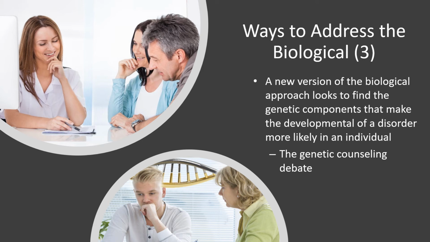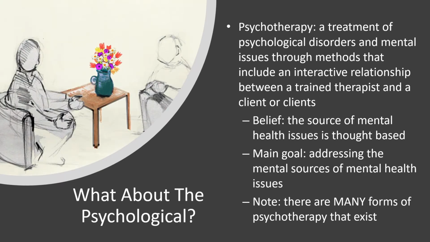It also leads us down a very heated debate about whether or not we should be doing this in the first place, and topics like designer babies and other questions start to be circulated when we talk about sequencing genomes and figuring out what somebody's biology is even before they're born. But it is a path that we've started to explore in clinical psychology when trying to understand all the different biological components that are at play when we look at individuals' mental health.